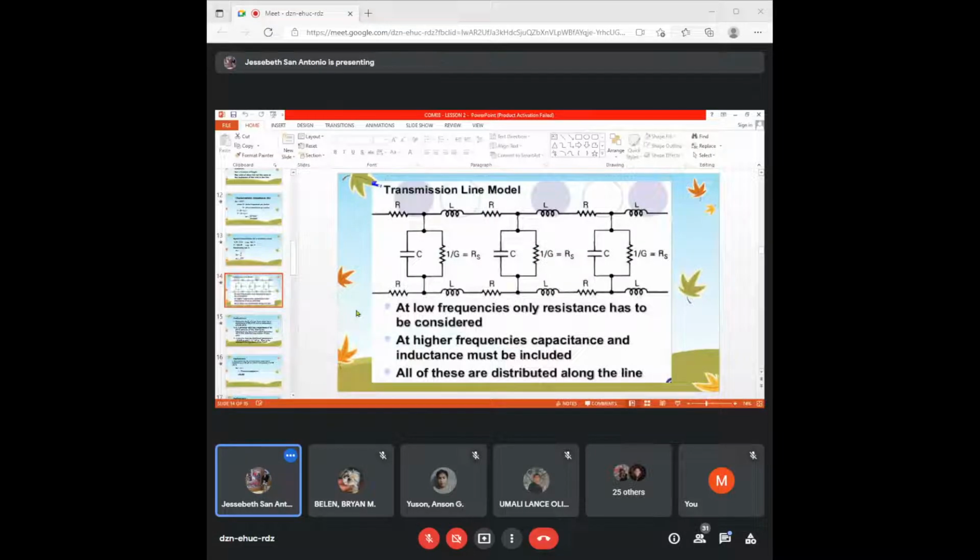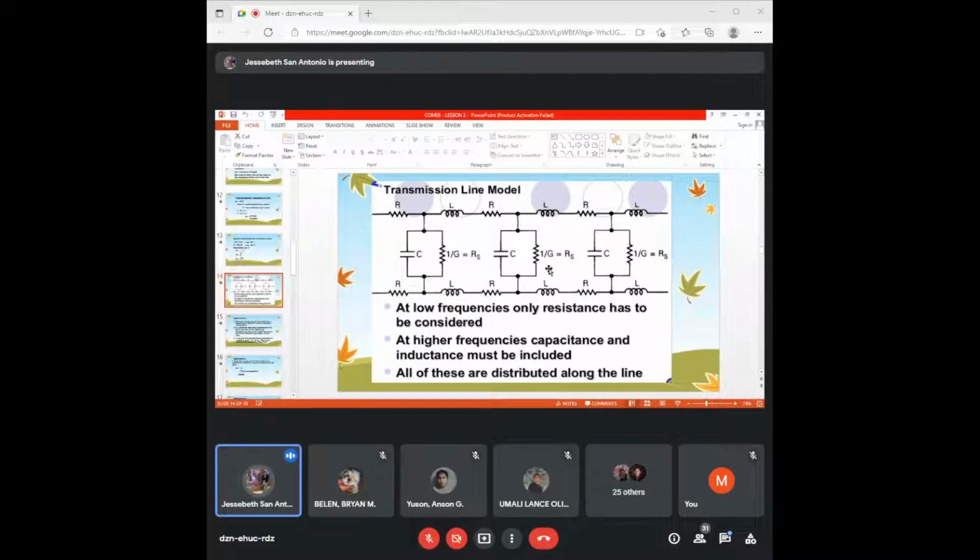So at low frequencies, let me present to you again the equivalent circuit of a transmission line, no? At very low frequency, there is no XL, no XC, so only resistance is considered. But the signal passing through transmission lines is not DC or very low frequency.